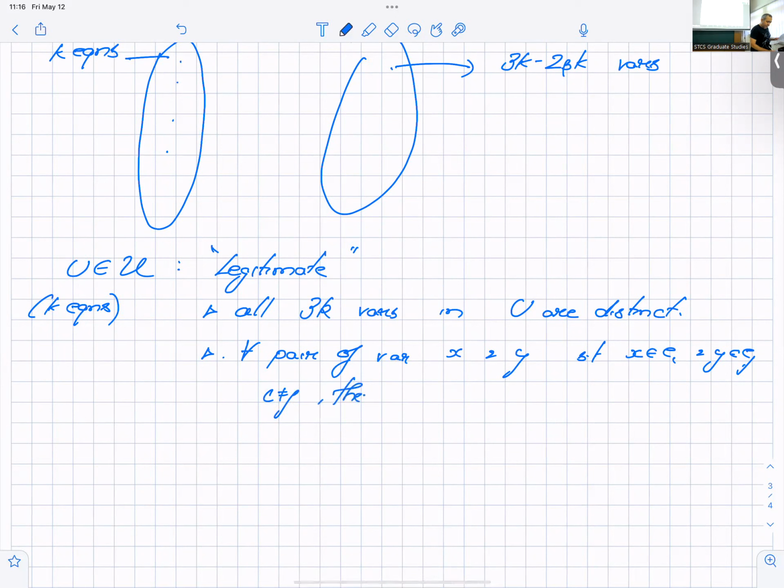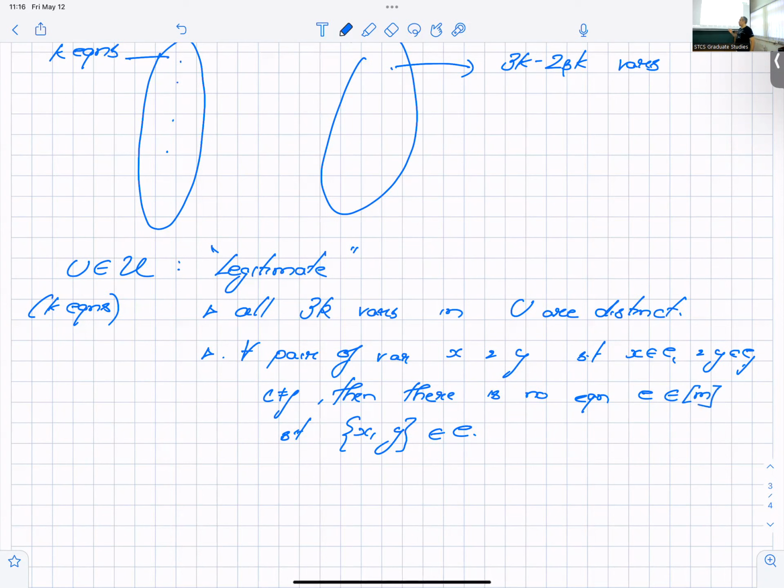Then there is no equation E anywhere such that X and Y participated. X can participate in at most one equation. This is no equation, not just in U, but in the whole system of equations, in all the m variables, all possible kinds.